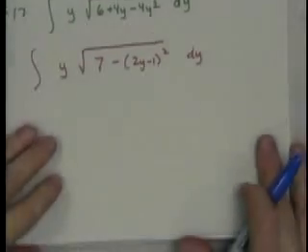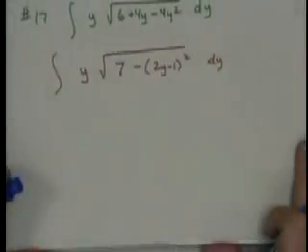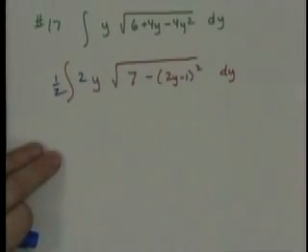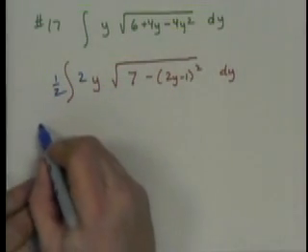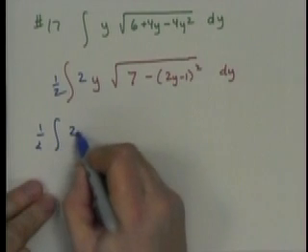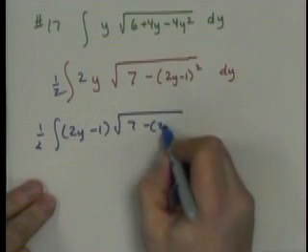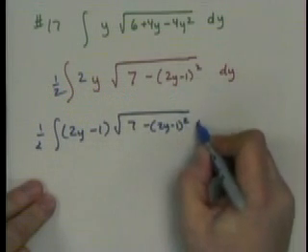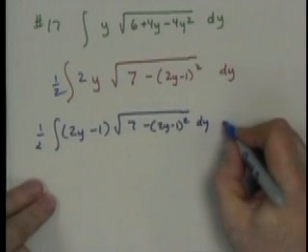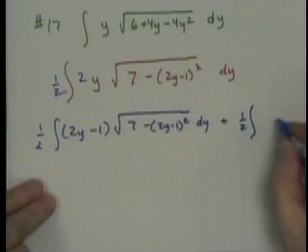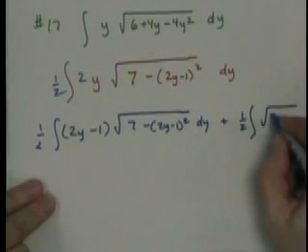So let's go back and see if I can't do something else with this. So I put a 2 and a 1/2 here, and then if I subtract 1 times that integral, but then I have to add that integral again of that square root.